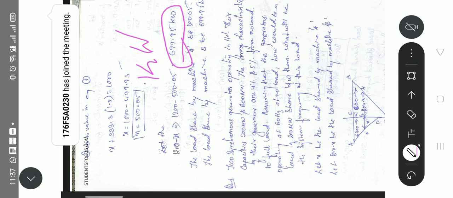This is the load shared by A. The load shared by B is 1200 minus 500.05, so we get 699.95 kilowatts. This is the load shared by machine B.